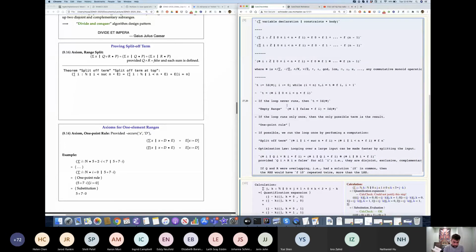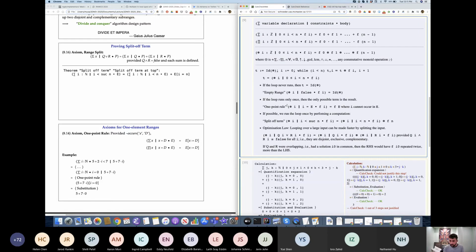It says if you have an O plus I, with I equal to some expression E, and you have here f of I, for example, the result is going to be f of E, where I cannot occur in E.